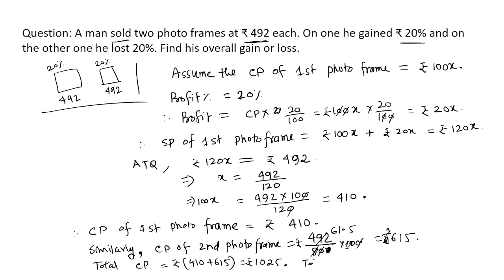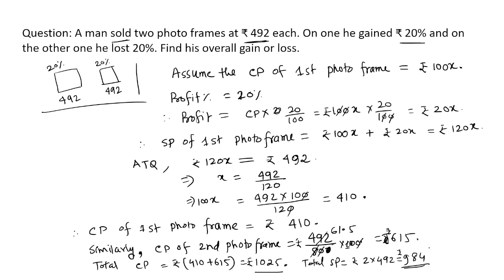The total SP equals 2 into 492, that is 984. So that is the amount he gets after selling them. So rupees 984, but the cost price is 1025. So you see that SP is less than the cost price.